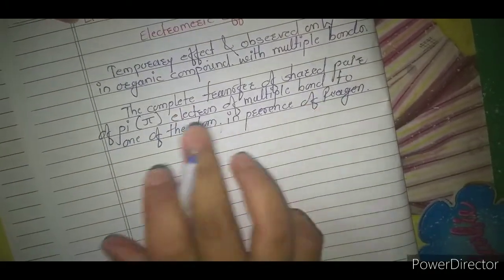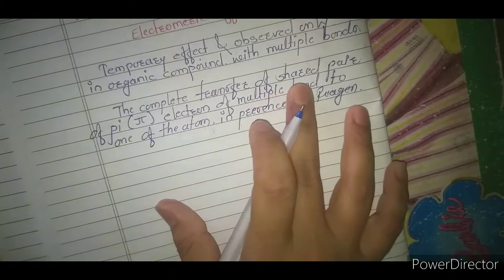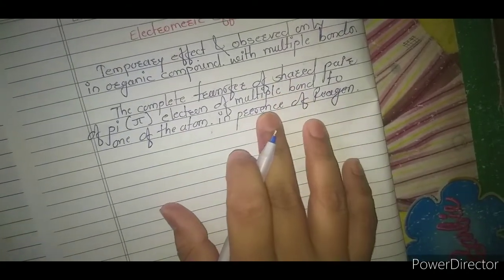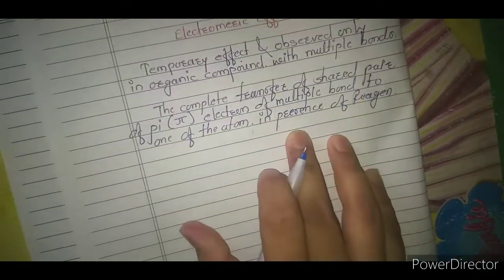So in the electromeric effect, there is a complete transfer of the shared pair of pi electrons of the multiple bond to one of the atoms in the presence of a reagent.